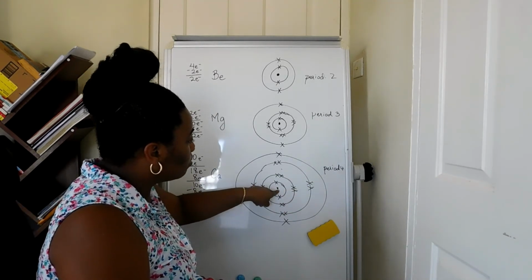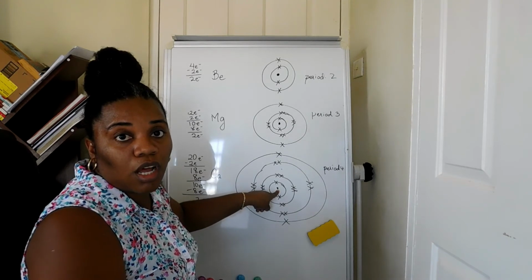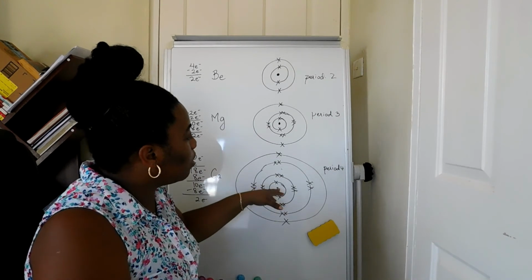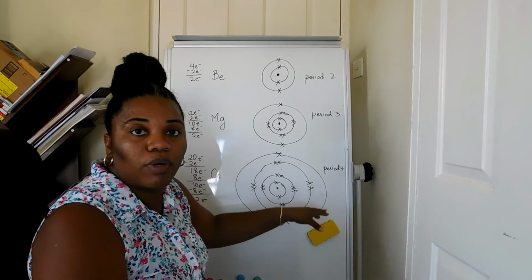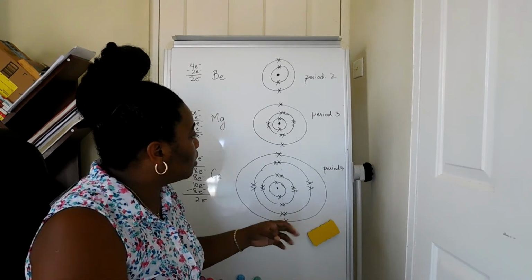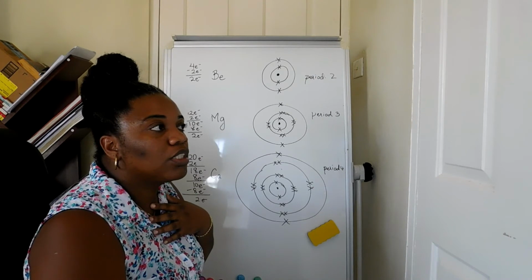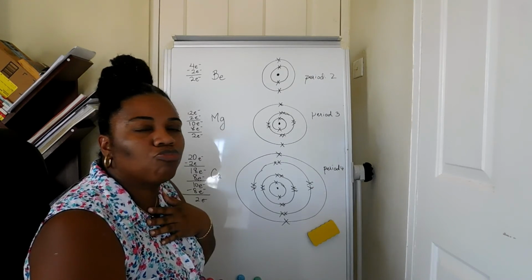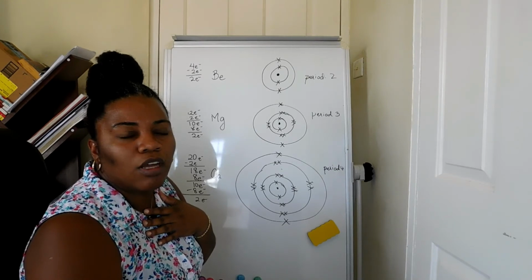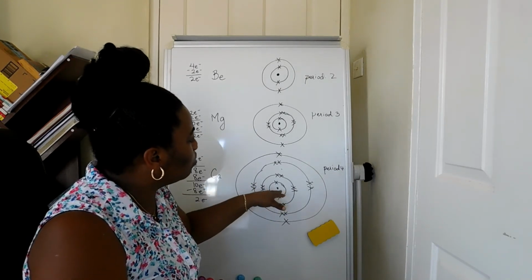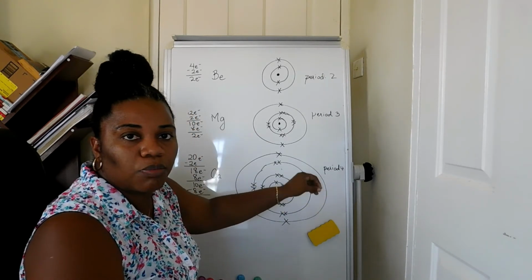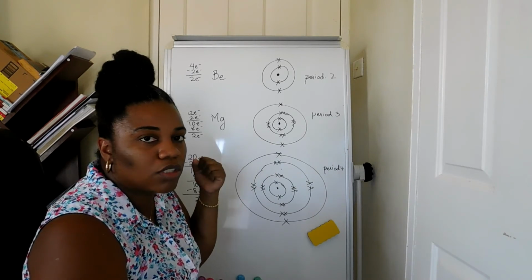Now imagine that the atomic radii has increased. In here you have something called a nuclear charge, which is due to the presence of protons, a positive charge. And this positive charge gets weaker as you go away, right? As the electrons move further away from the nucleus, the pull of the nuclear charge gets weaker.